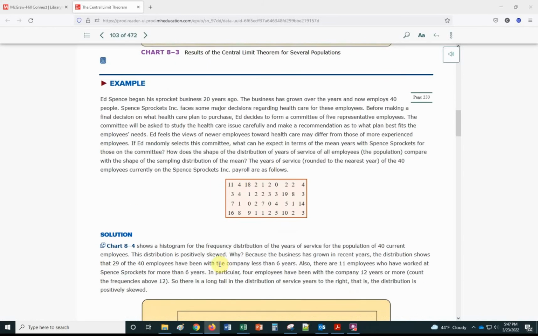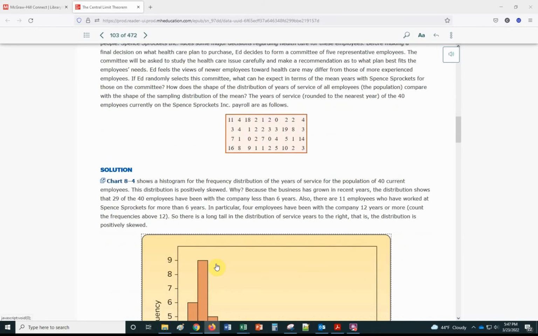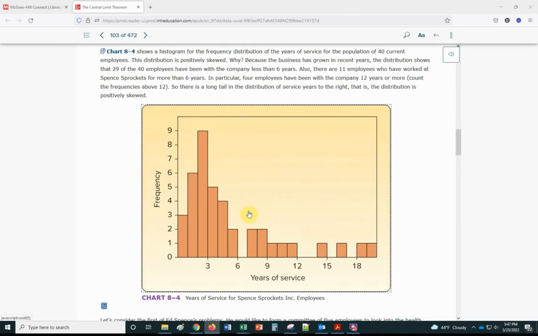Okay, so here's an example. We've got how long somebody's worked for the company, how many people are there. It's skewed to the right. You can see that it starts up here, goes way high, and then tapers off.